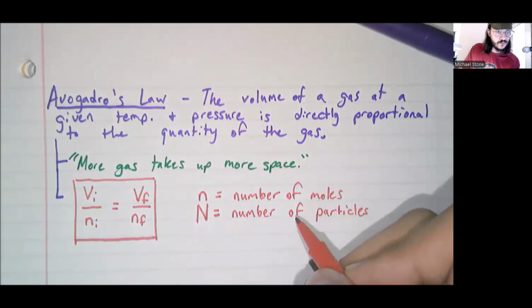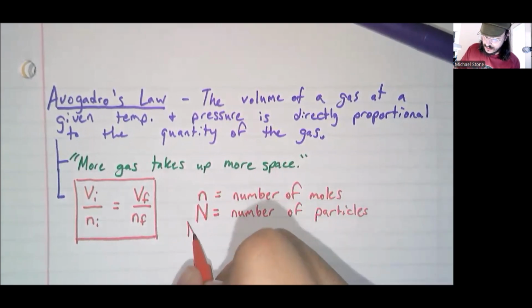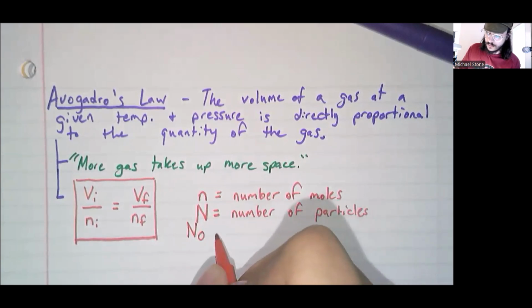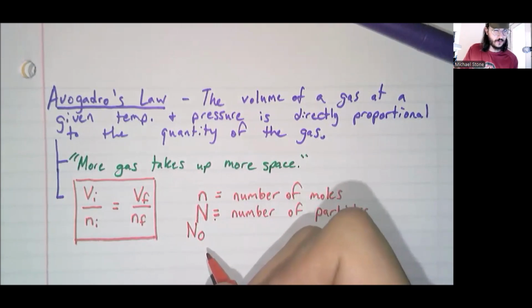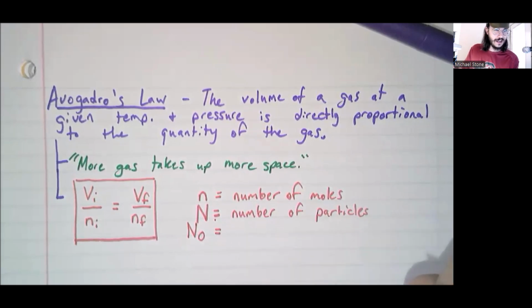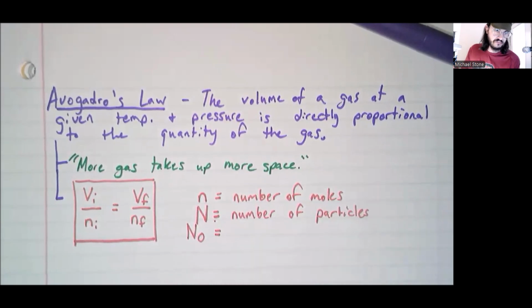If you need to go from one to the other, then what you use is N naught. Some people would write this as N subscript A for number of Avogadro. I do N naught, but if you ever see N subscript capital A, same thing.